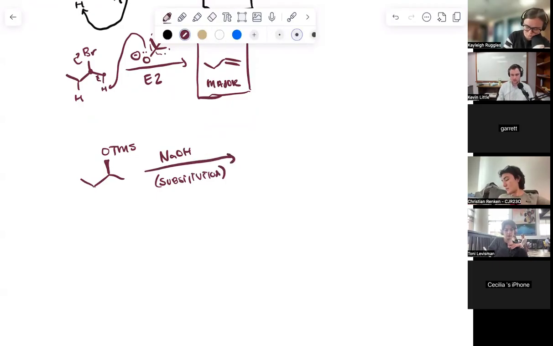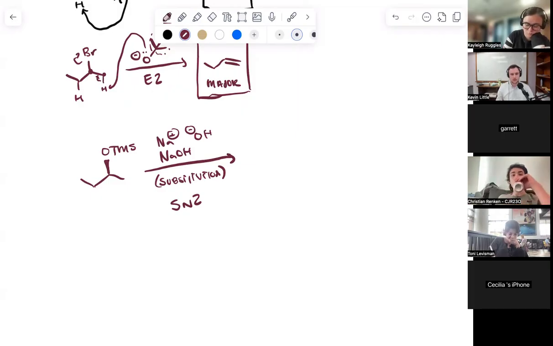We're trying for the substitution here. Well, what kind of substitution does it have to be? I have a charged nucleophile, so I know it's going to be an SN2. Now we could argue whether or not this would be an E2, but we're just going to pretend it's a substitution straight up.